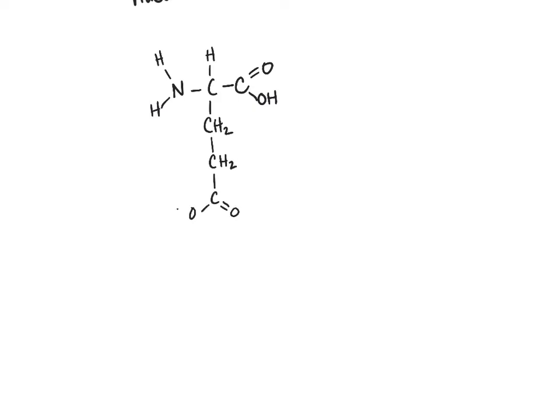So for example, if I drew something, like let's say I draw a molecule that looks like this, and asked you to identify the different groups, would you be able to identify those different groups? Take a moment and try to see if you can figure out which groups we have in this molecule.